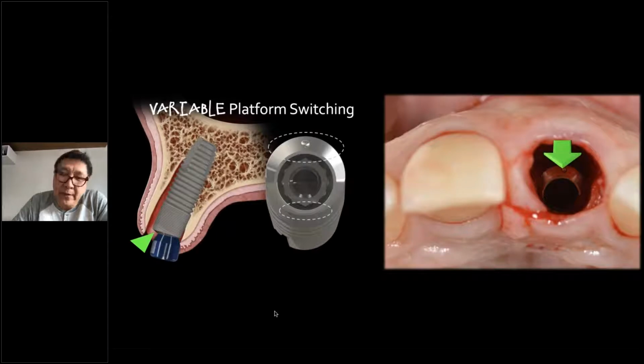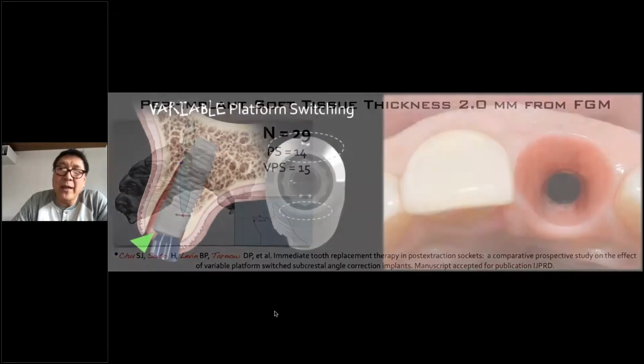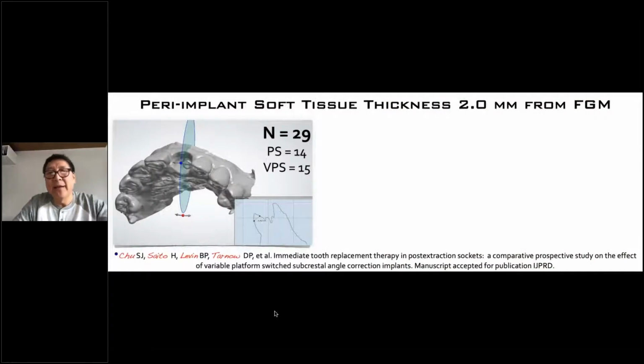And Barry Levin, who has done a lot of these implants, really loves it, because he says he has the ability to place more graft material, whether it's bone graft and/or connective tissue grafting and/or his dermal apron technique. And hence you end up with thicker tissue. And I don't know of any surgeon who wouldn't want to have greater tissue thickness. In fact, we've actually looked at this and measured this with Hanae Saito and Barry and Dennis and myself.